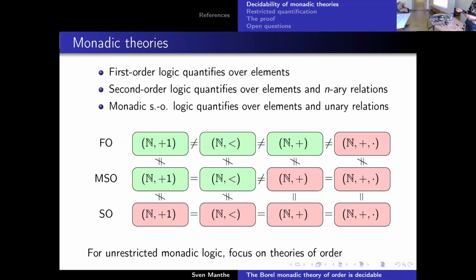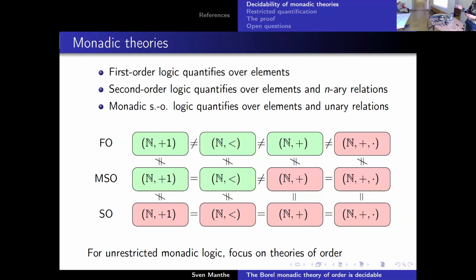In monadic logic, those theories become more expressive. In particular, the monadic theories of order and successor coincide by a relatively easy argument. And they are actually already more expressive than Presburger arithmetic in some sense. But if one would try to do algebra in monadic logic and talk about addition, for example, over the natural numbers, this would allow one to define multiplication and thus actually get access to full second order arithmetic, making all of this undecidable.